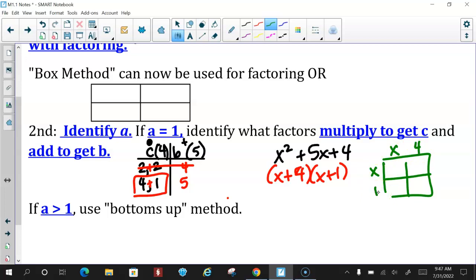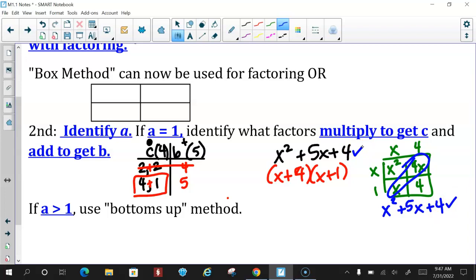Now I just go through and multiply. x times x is x squared, 4x, 1x, or of course we can just put x, and then 4 times 1 is 4. Then notice, look for those like terms. So I've got x squared plus 4x plus another x, which gives me 5x plus 4. Notice how it checks out. So you can use that to check your work.